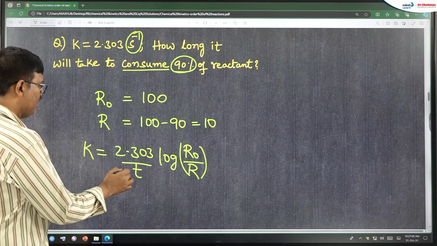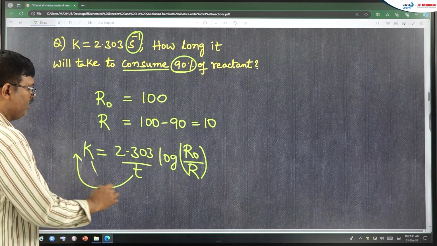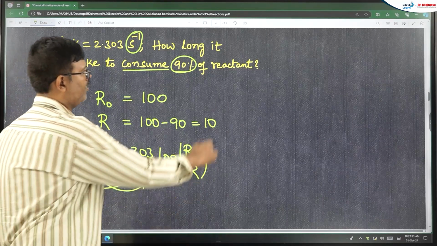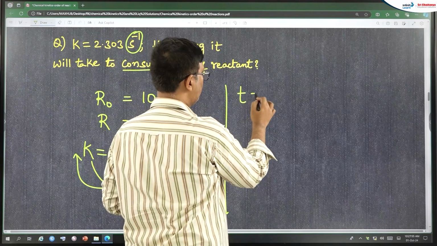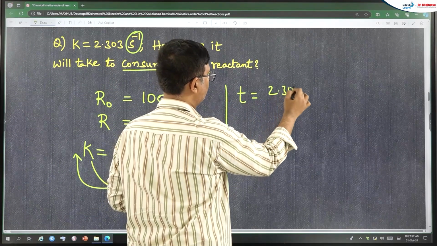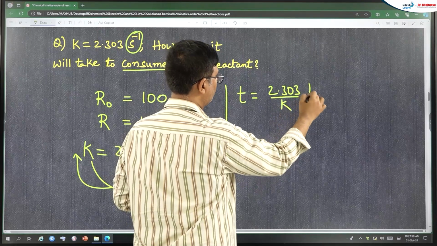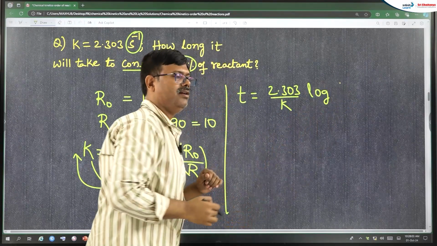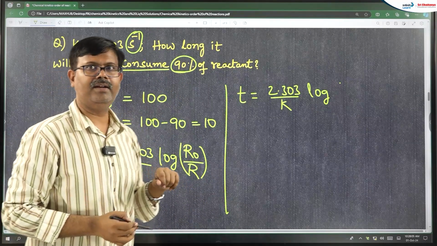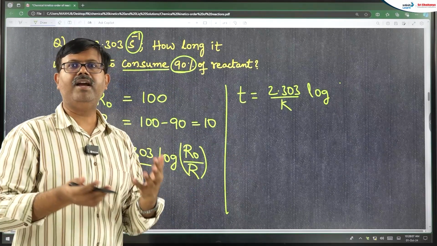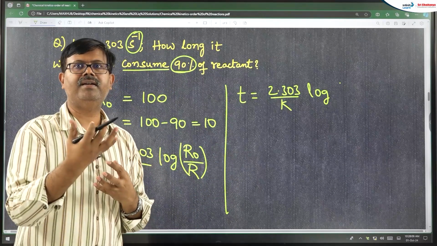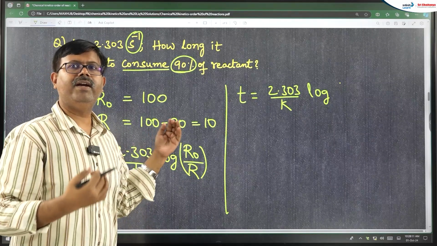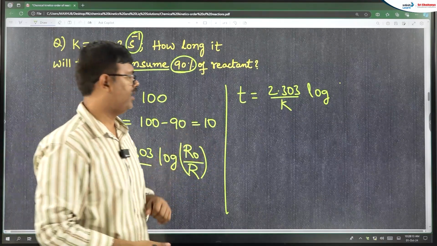So, let's take time here and bring the constant here. So, what is the formula then? Time is equal to 2.303 by K, log initial by final. Initial R naught, how much have we taken? 100. Because for percentage I begin with 100%, 100 molarity. Finally, it has become 10 molarity.